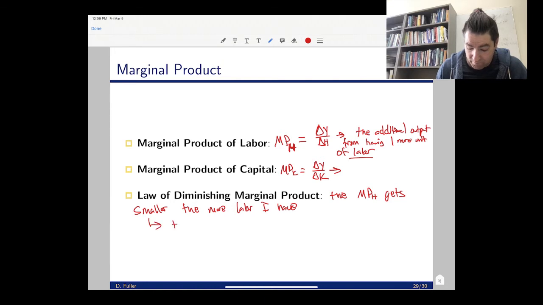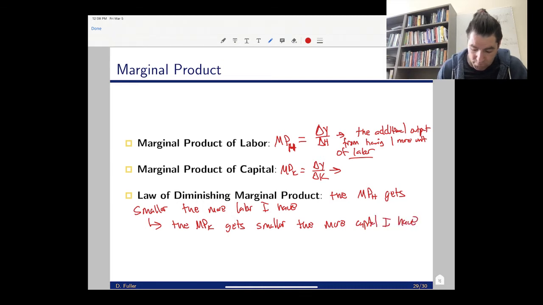It also says the marginal product of capital gets smaller the more capital I have. And the key part to this is that I'm holding the other resource fixed.